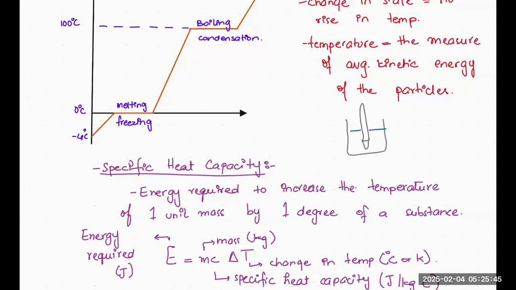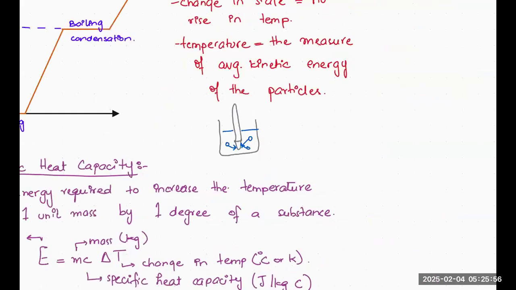Those water molecules will have a certain amount of kinetic energy. How much kinetic energy they have depends upon the heat energy. When they collide with the thermometer, they will transfer the energy to the thermometer.